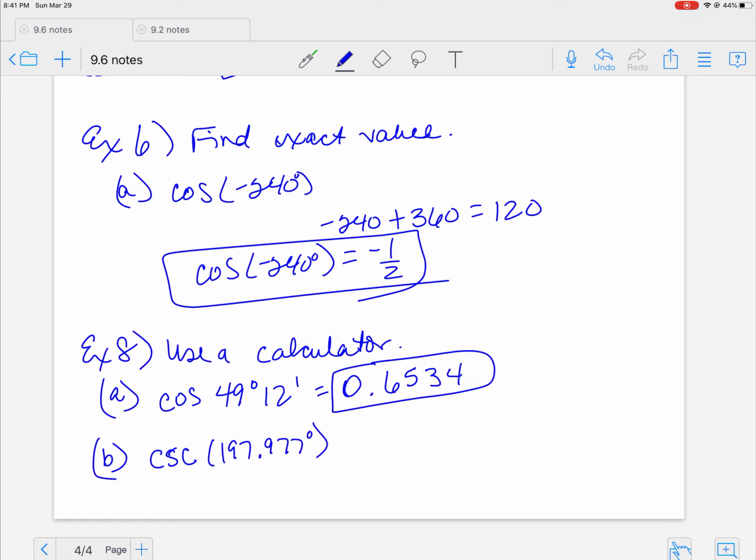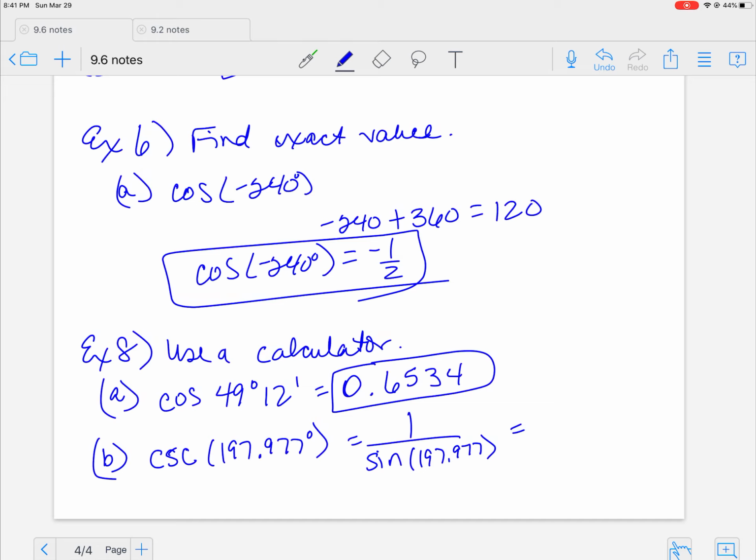What happens if I have something like cosecant? Cosecant of 197.977 degrees. What do you know about cosecant? Yes, it is. So this is the reciprocal of sine. On your calculator, you have sine, cosine, and tangent. You do not have secant, cosecant, because you don't need it. They all refer back.